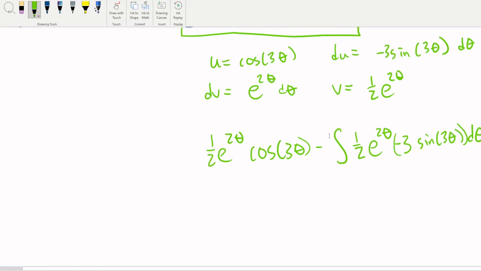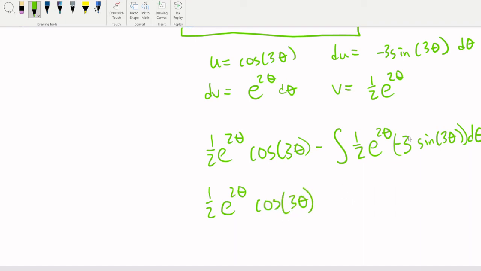All right, let's clean this up a little bit. 1/2 e to the 2 theta cosine 3 theta. And then we can put these two together and bring it out. That's a plus 3/2 e to the 2 theta sine 3 theta d theta.